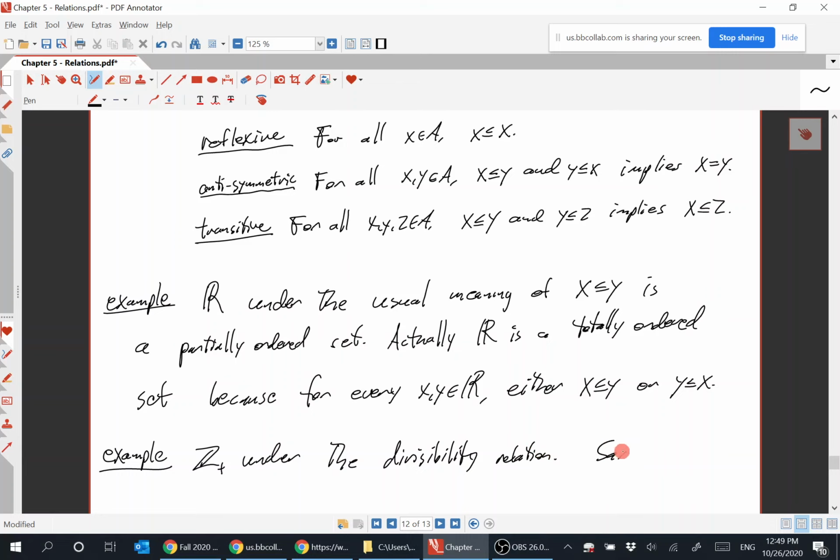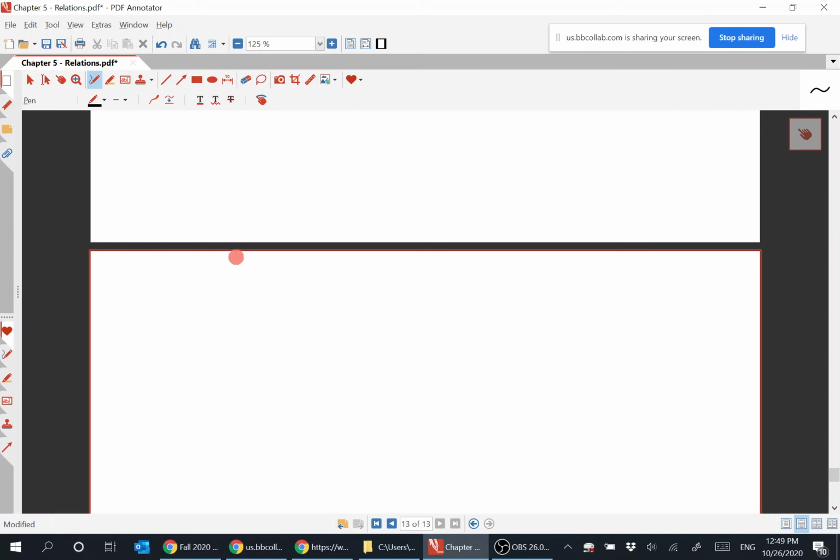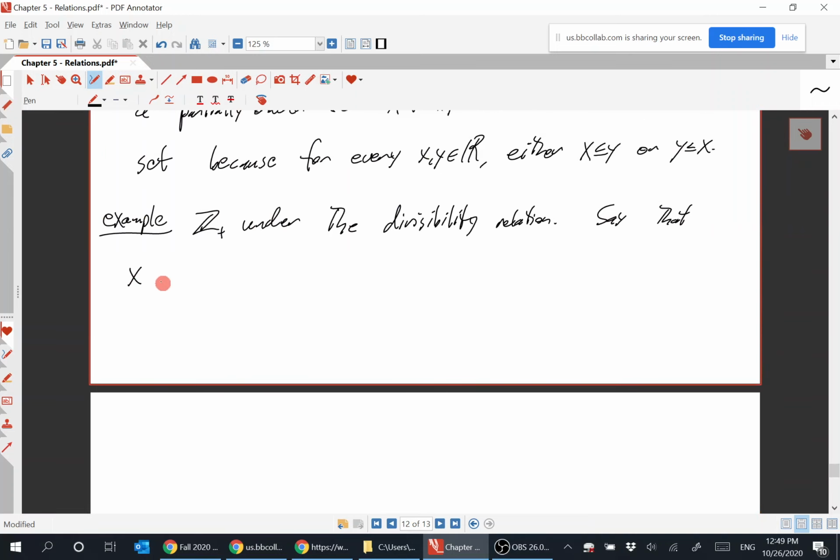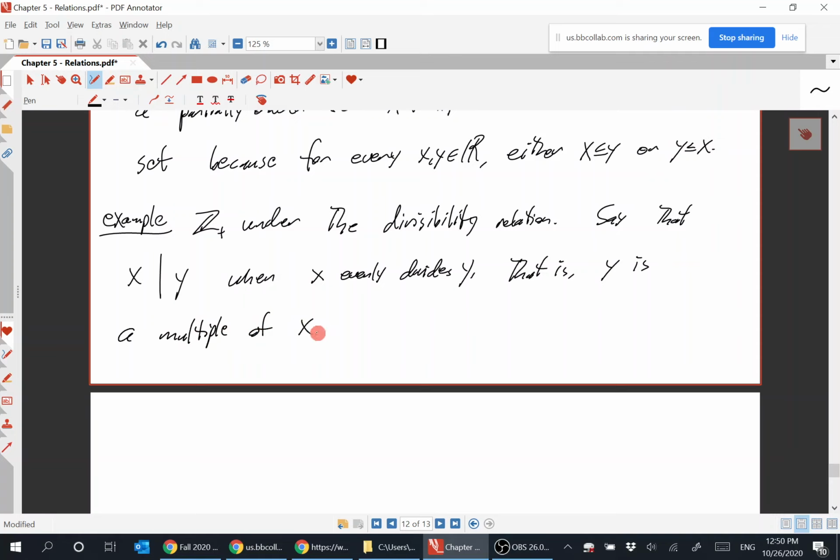All right, x divides y when x evenly divides y, and that is, y is a multiple of x.